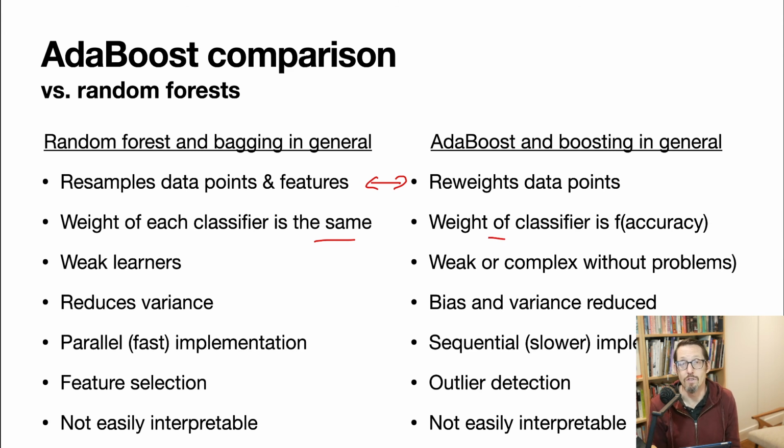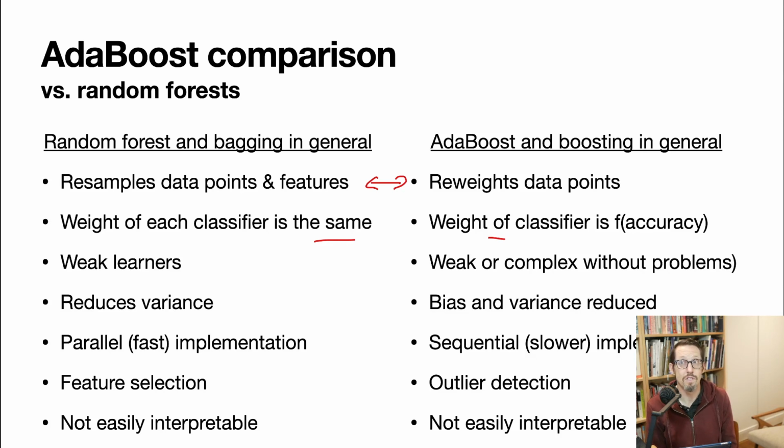As long as the individual classifier is not so ridiculously complicated that it can overfit by itself, then we don't really have a problem with complexity. And we also don't have any problem with weakness as long as we know that we can get at least a smidgen, just a tiny, tiny margin better than random chance.